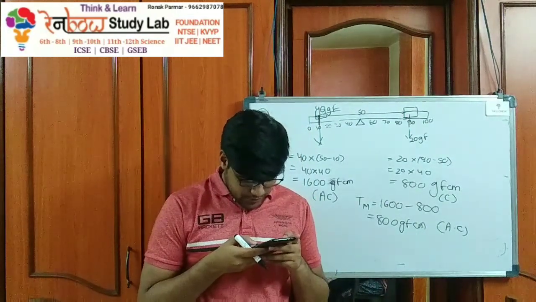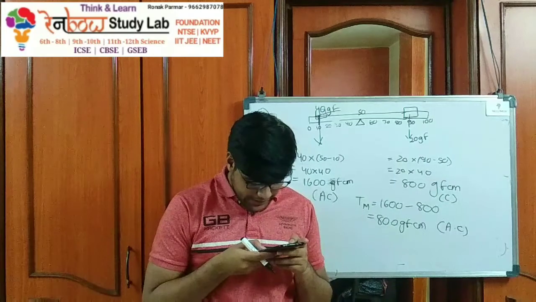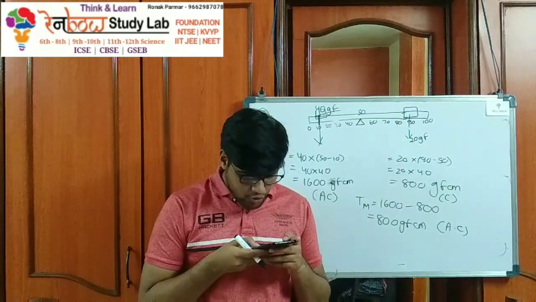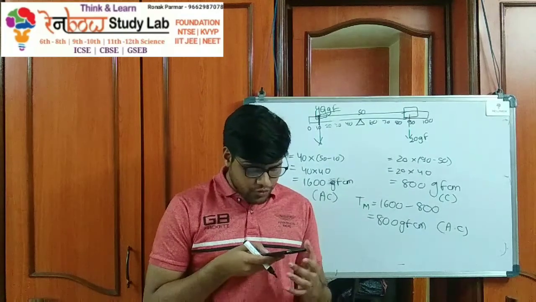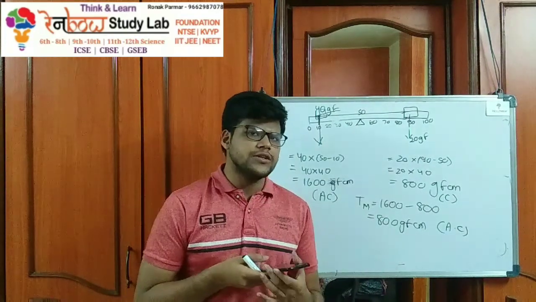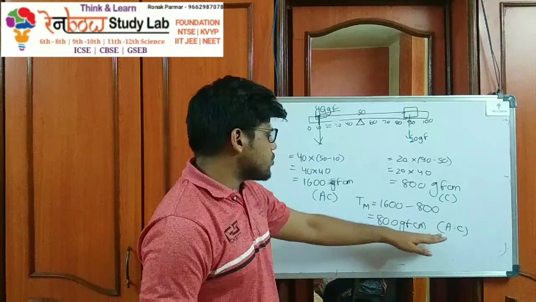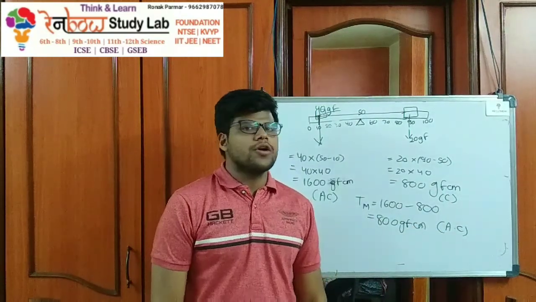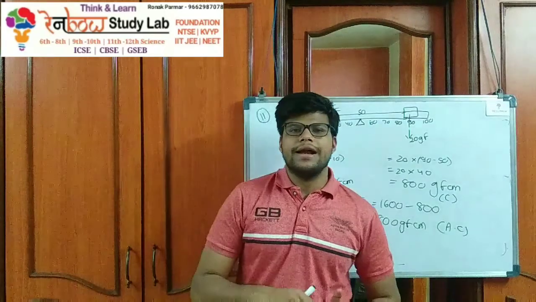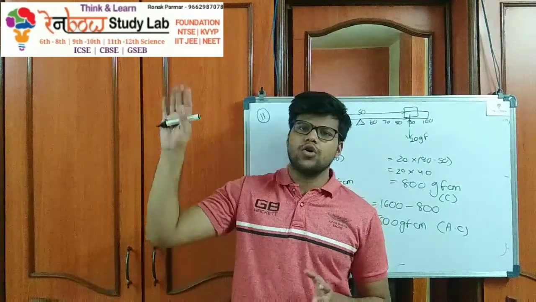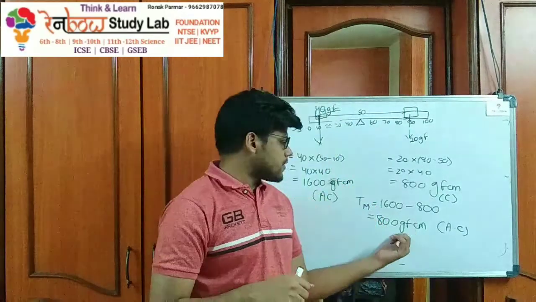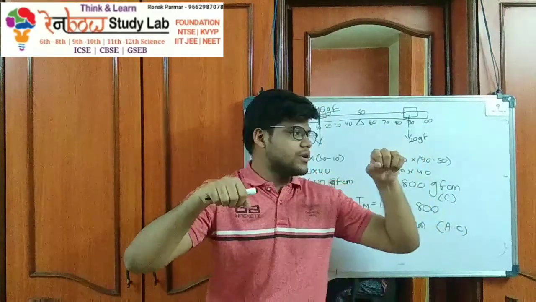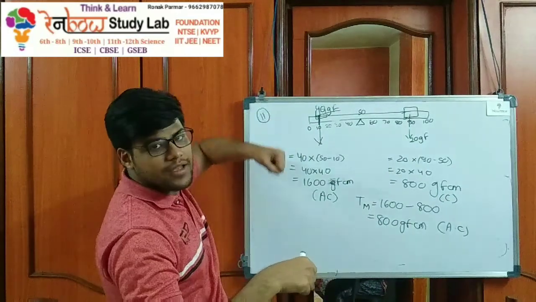Now the third question. The second part: how can the rule be brought in equilibrium by using an additional weight of 40 GF? Right now, the ruler will try to move anti-clockwise. So what you need to do is provide an additional moment in the clockwise direction.